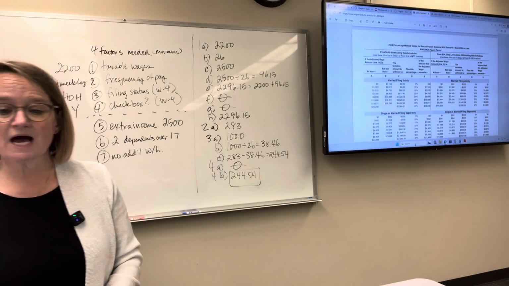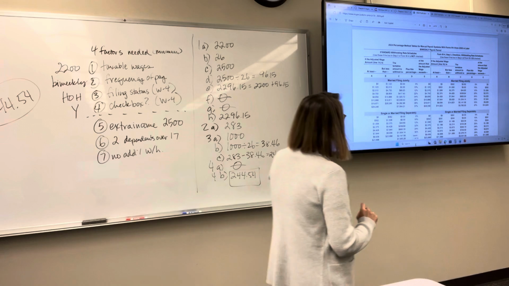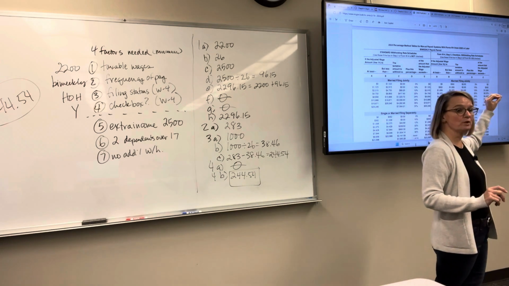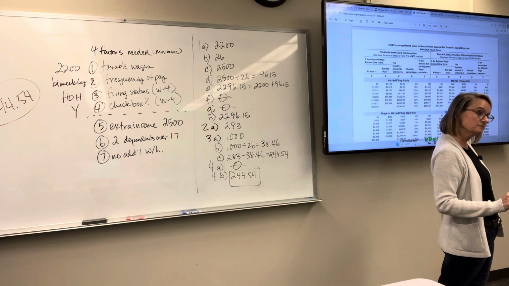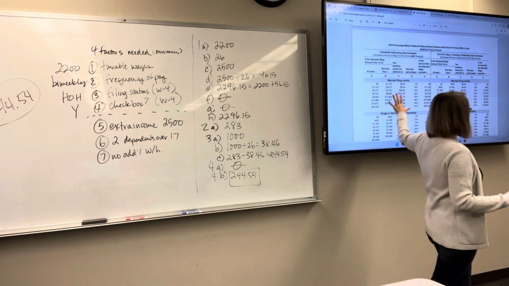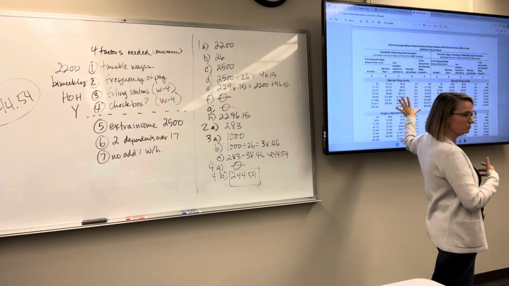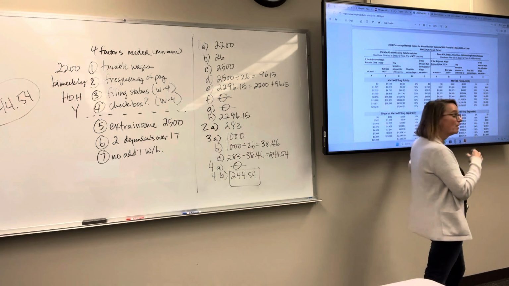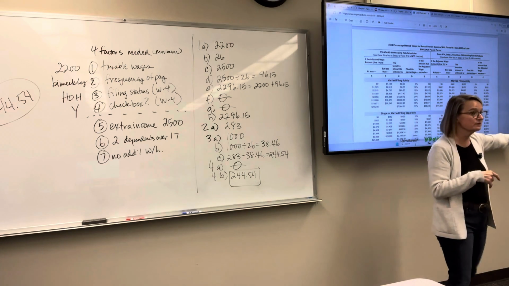On the left side are our standard withholding rate schedules. So if the checkbox was not checked, you use the schedule on the left-hand side. If the checkbox was checked, you're going to use the schedule that's on the right side.